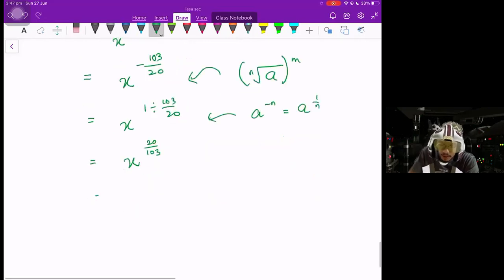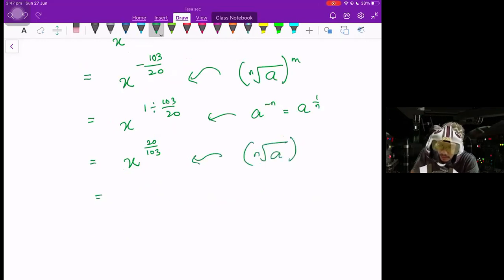And from here, we will use this rule, which makes our final answer: take the bottom, 103, as the root, and then the power, just take 1 on the top, 20.